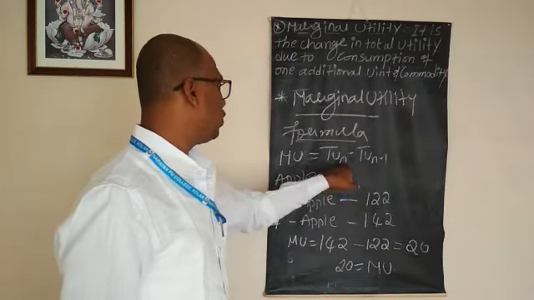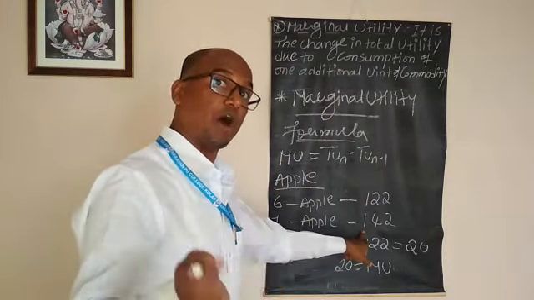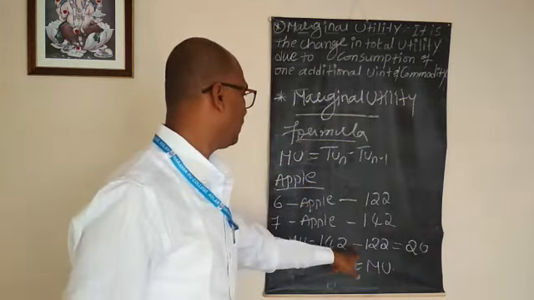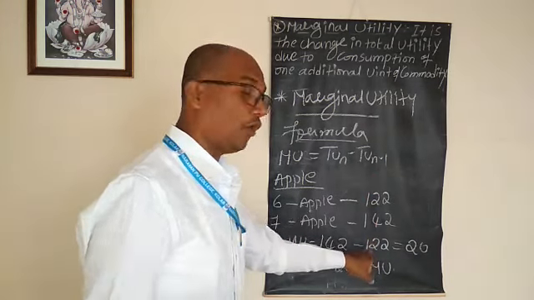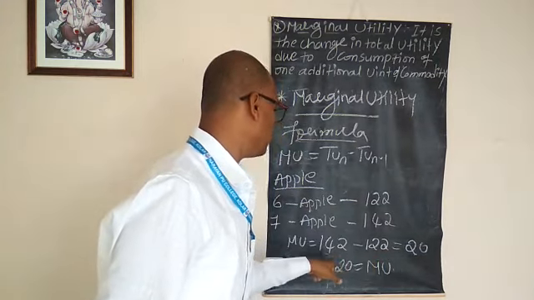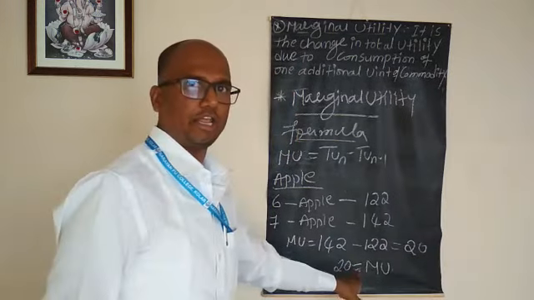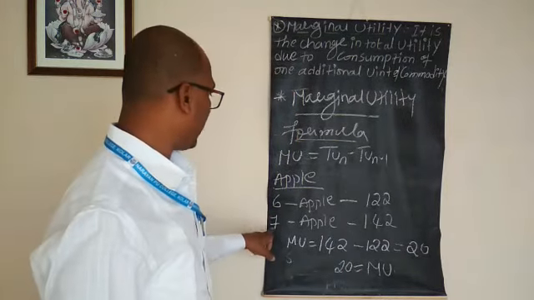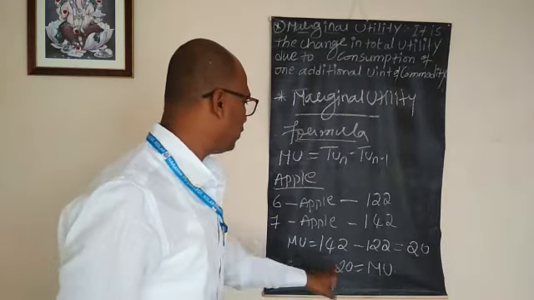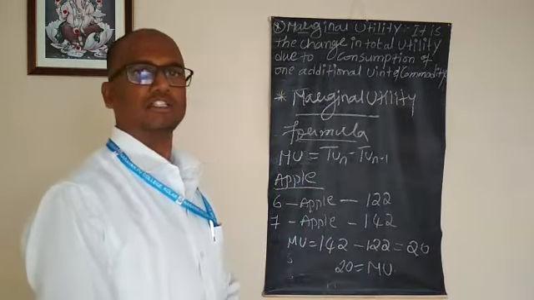MU is equal to TUN, the total utility from all units of the commodity consumed, 142, minus, as per the equation, the utility before the additional unit, 122. So 142 minus 122 is equal to 20. This means that by the consumption of the additional unit of the commodity, we get 20 units of utility. That 20 units of utility is equal to marginal utility.